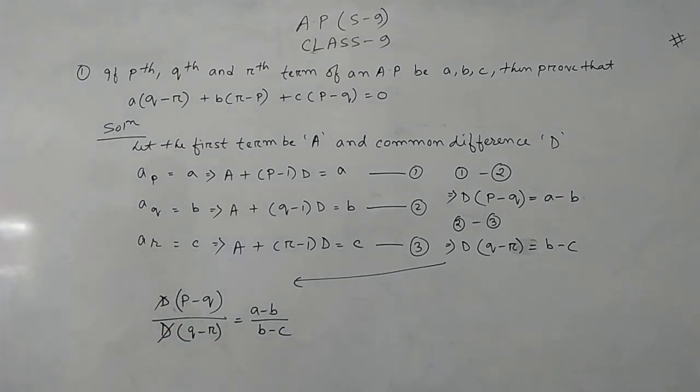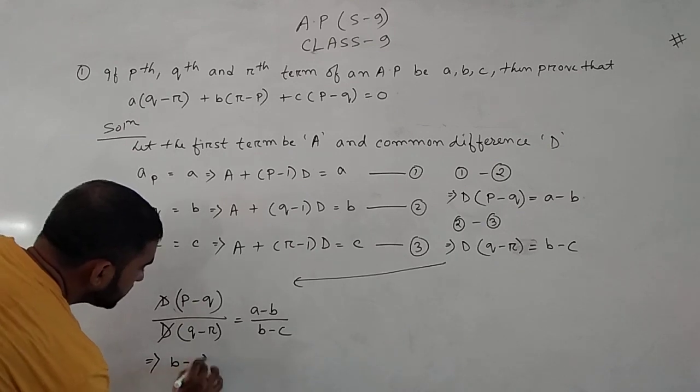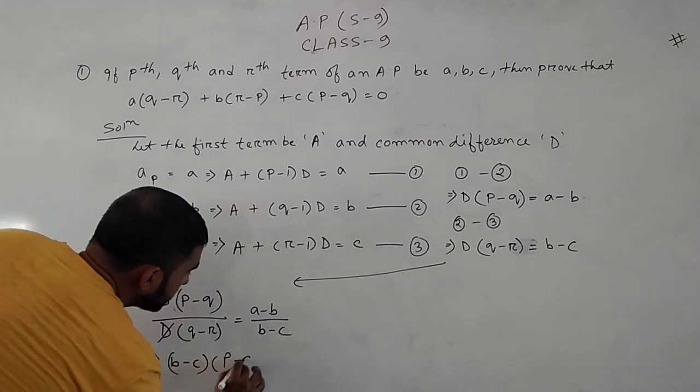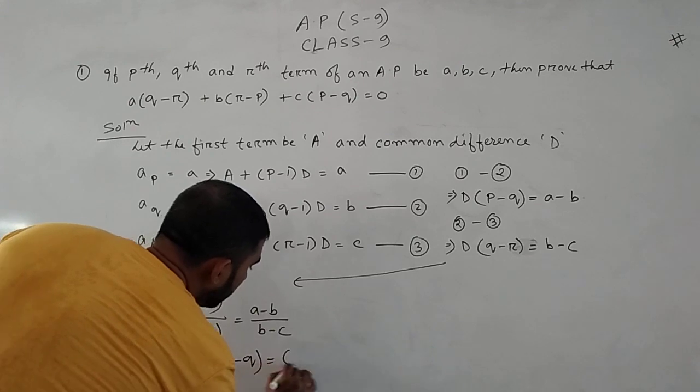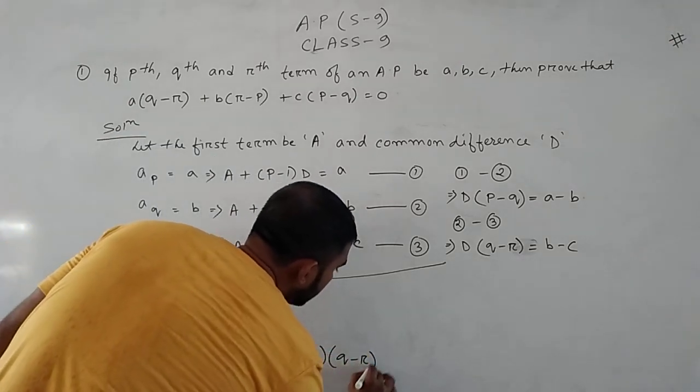D, d cancel. Then do the cross multiplication. b minus c into p minus q equal a minus b into q minus r.